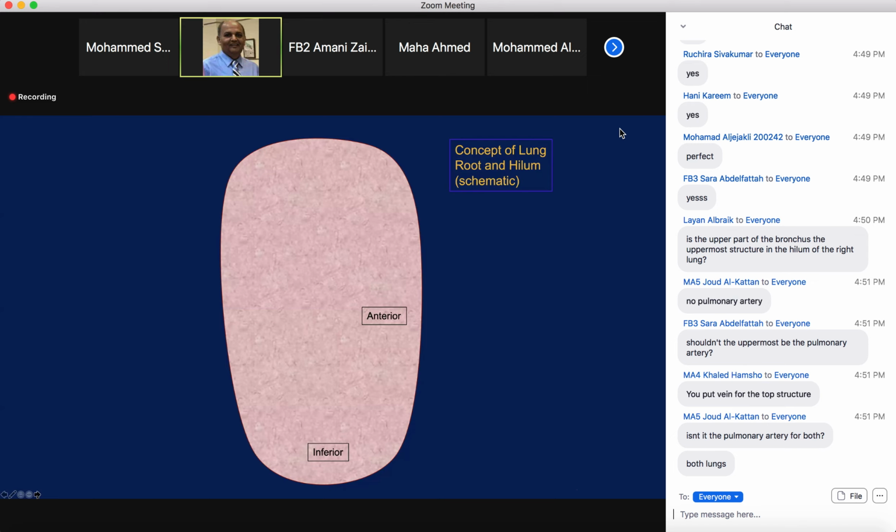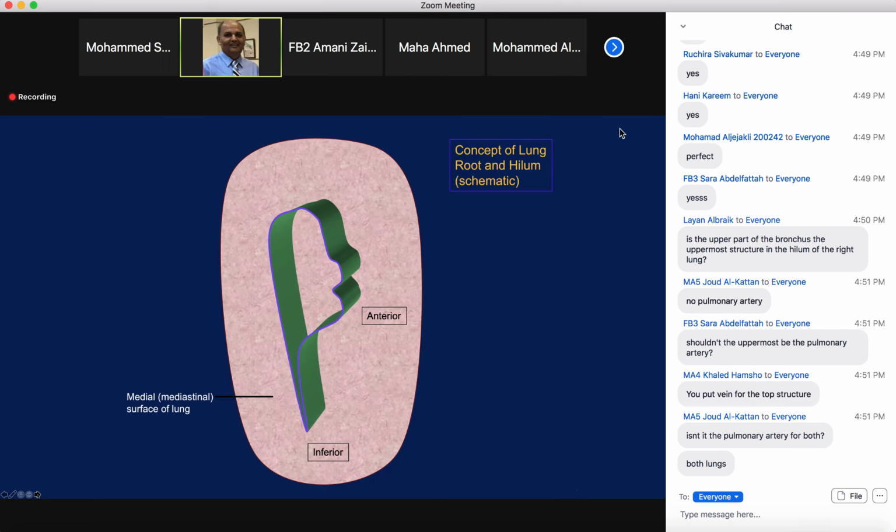This is the bare area where we don't have any pleural covering. That is the mediastinal surface of the lung, and there is my hilum of the lung. Hilum is the gateway, and the parietal pleura is this green one, and then externally we call it what?